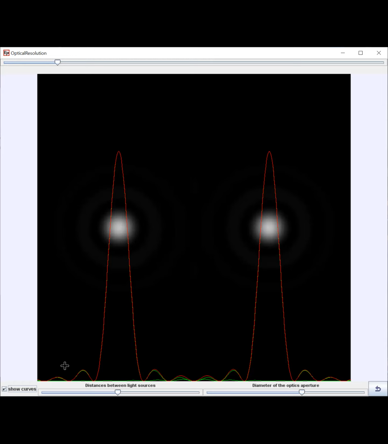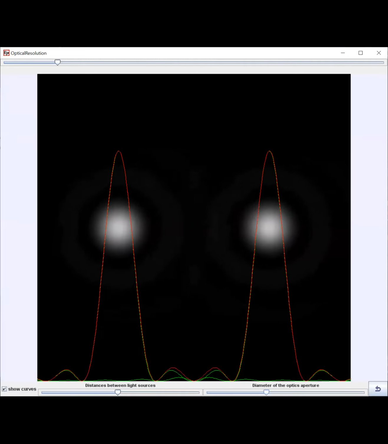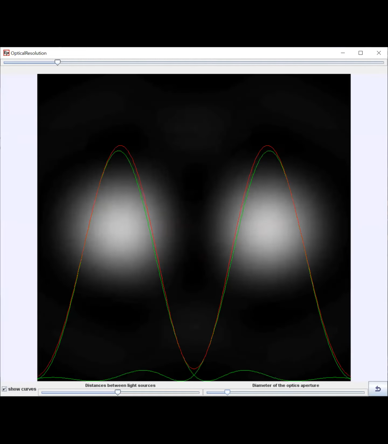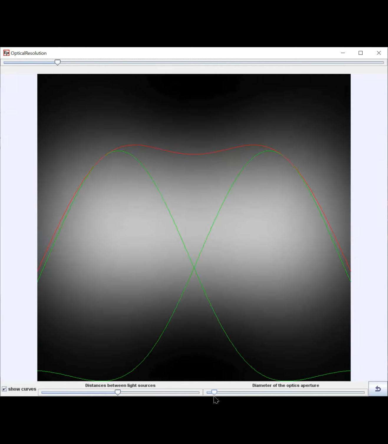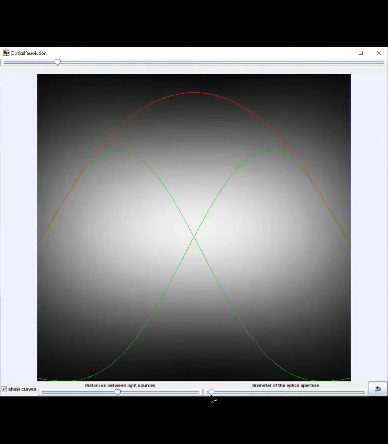These are far enough apart that there'd be no problem distinguishing the two, unless we had a telescope or a viewing instrument of a small aperture, and I'm going to decrease the aperture size of whatever it is we're looking at them with. And you can see that if the aperture is too small, you just see a big blob.